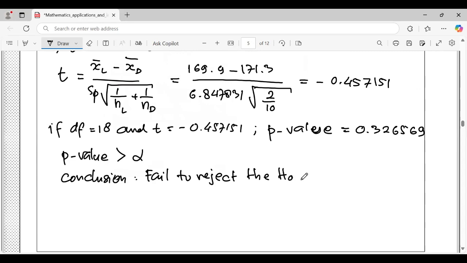Okay. So it means Gundega is not correct. And this is the conclusion and statement.